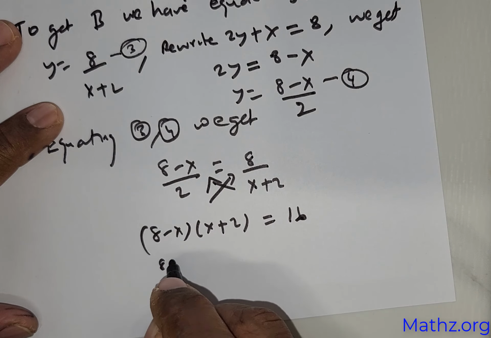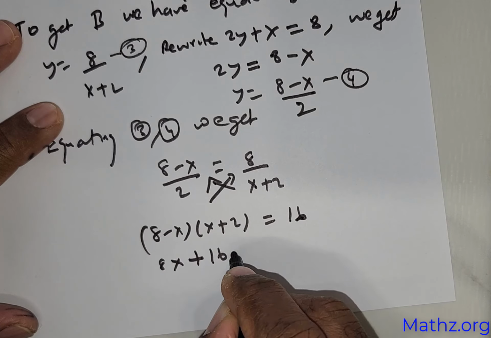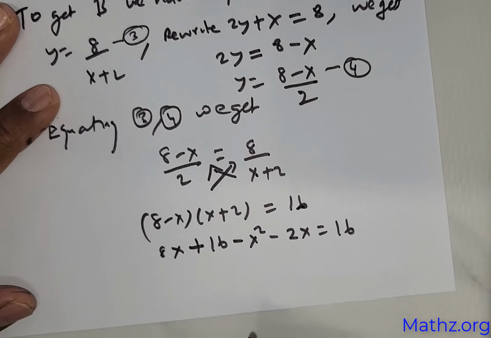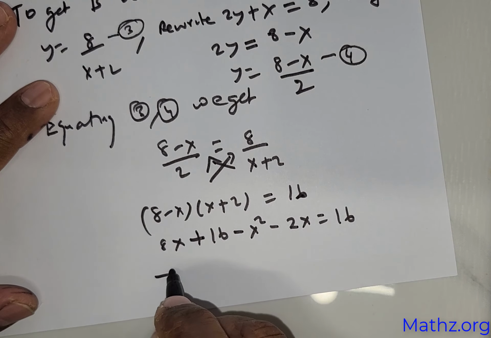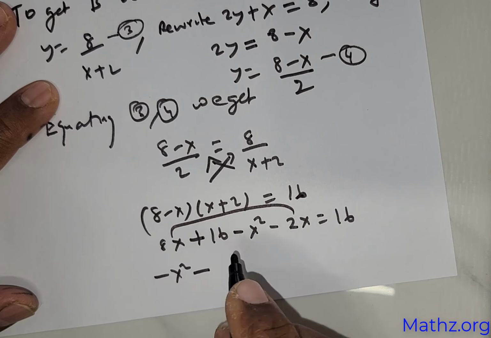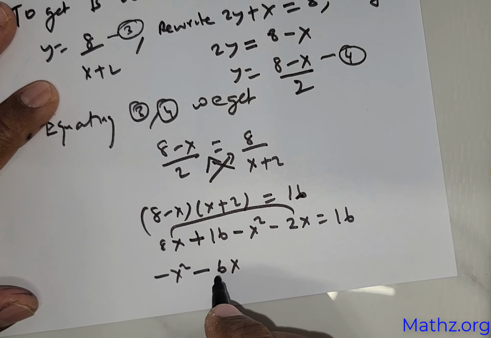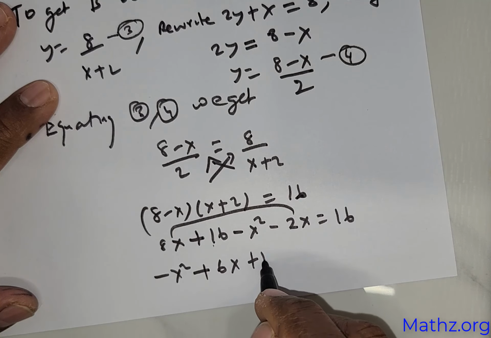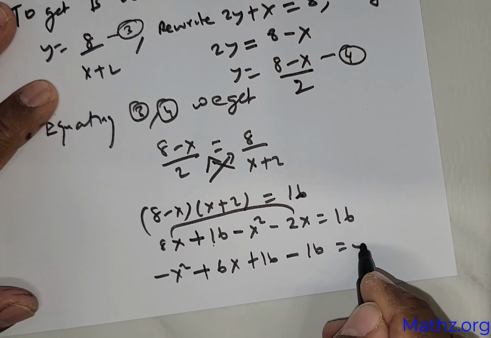You distribute this. This is 8x + 16 - x² - 2x = 16. And I'm going to read this as -x² - 2x + 8x, that's going to be +6x. And you have a 16 here, so +16 - 16 = 0.